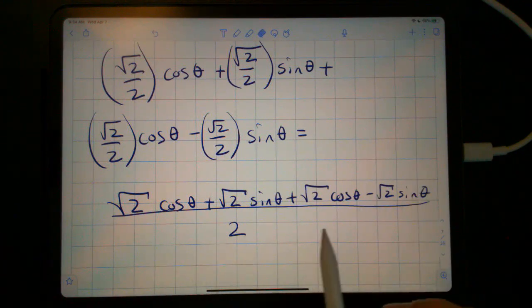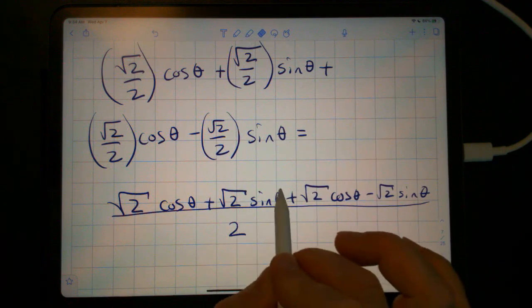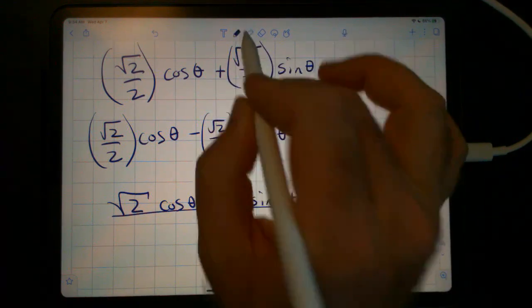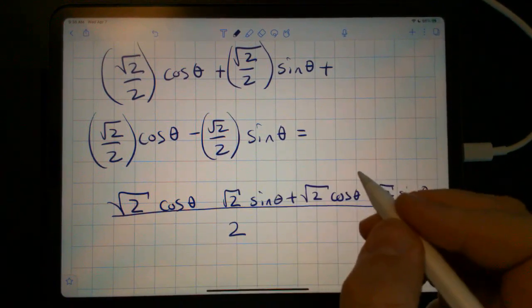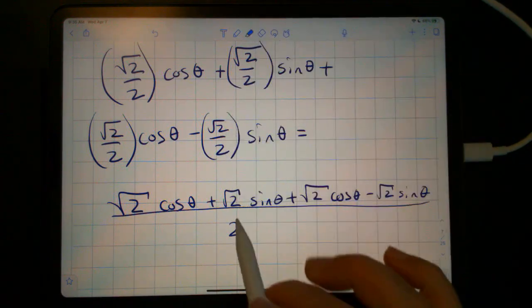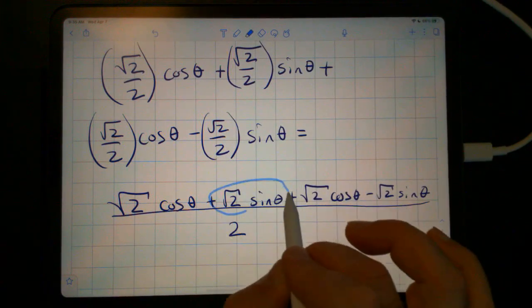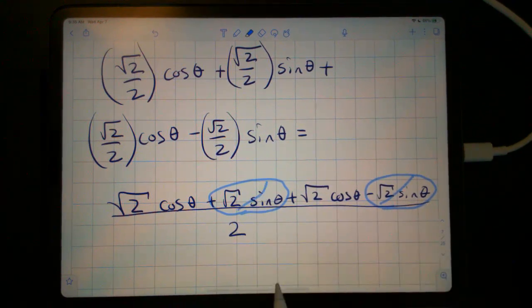Okay, and then we have radical 2 sine theta minus radical 2 sine theta is 0.